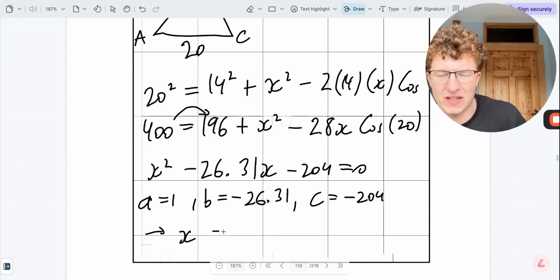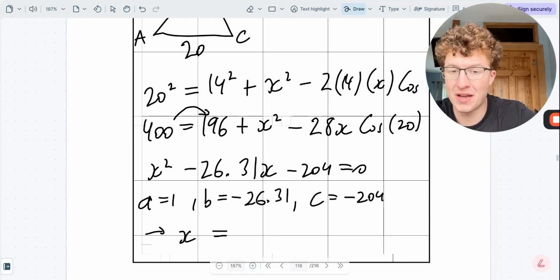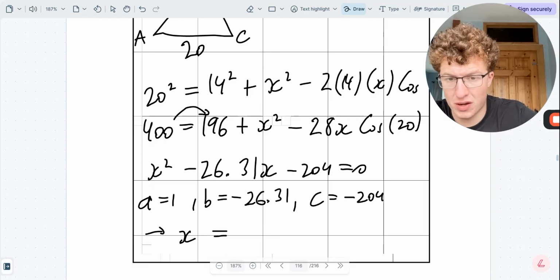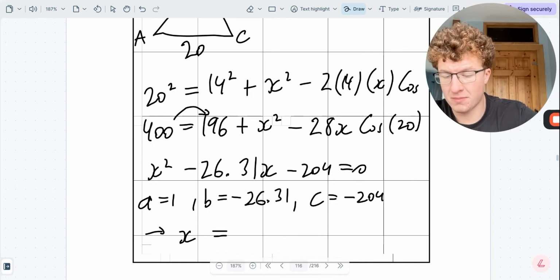That means when we fill into the minus b formula, I'm not going to write it all out. Surely by now you would know the minus b formula. It's going to be minus b plus or minus the square root of b squared minus 4 times a, which is 1, times c, which is minus 204, all divided by 2 times a.